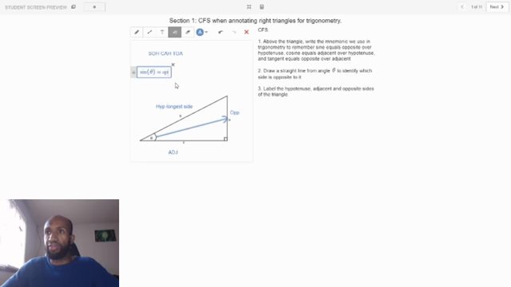So I should have the opposite side over the hypotenuse. Okay, which would be this side over this, whatever those side lengths are.